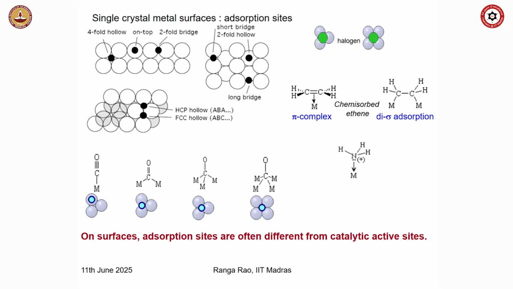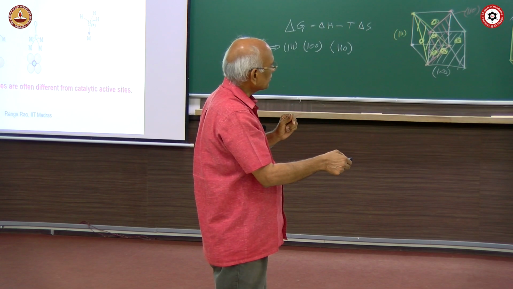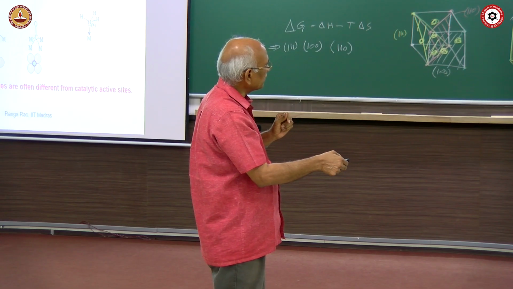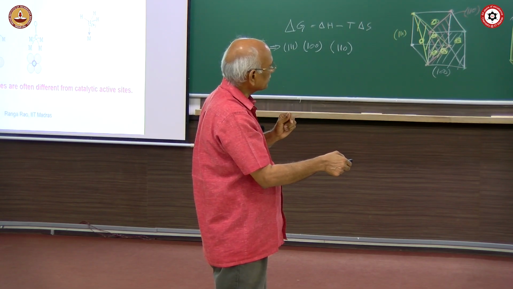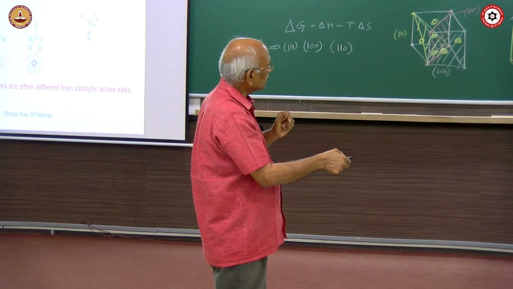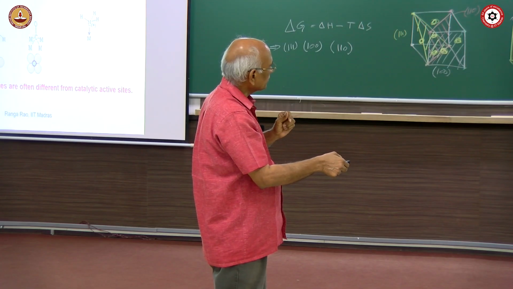You can have bridge sites also. Between two atoms there is a bridge site, a twofold bridge site, and the molecule can go and sit in the bridge site as well. You can have a twofold bridge site and a fourfold hollow site here. This is a short bridge, and this is a long bridge.